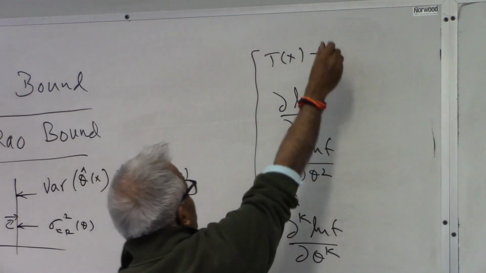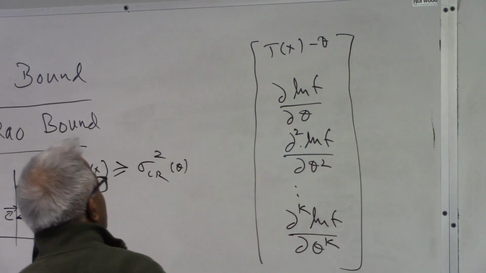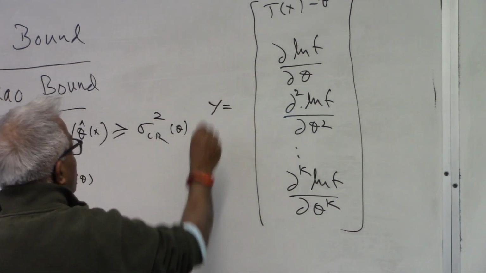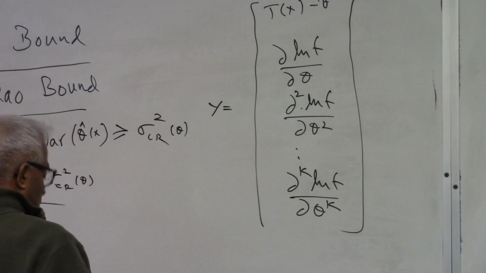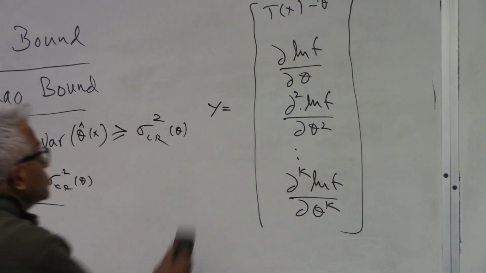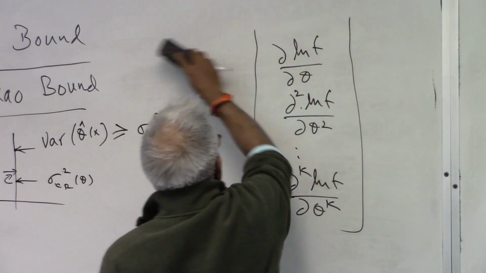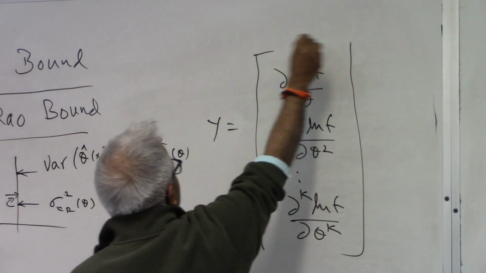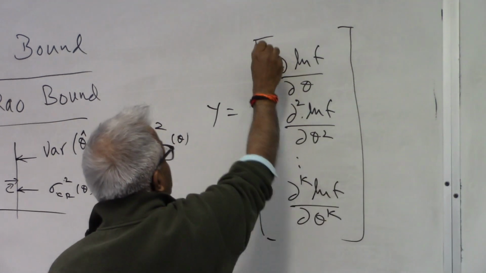So I'll look at this vector. Let me call this y. In the Cramer-Rao bound we only use the first one.